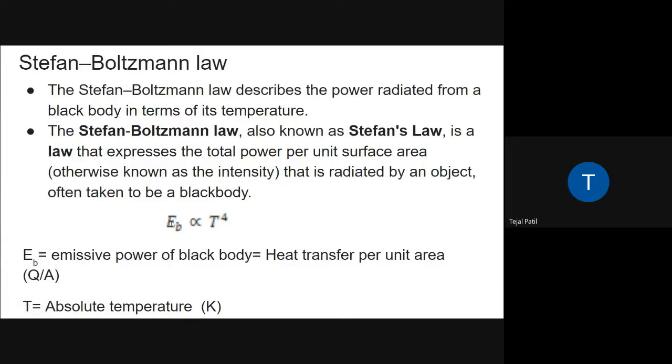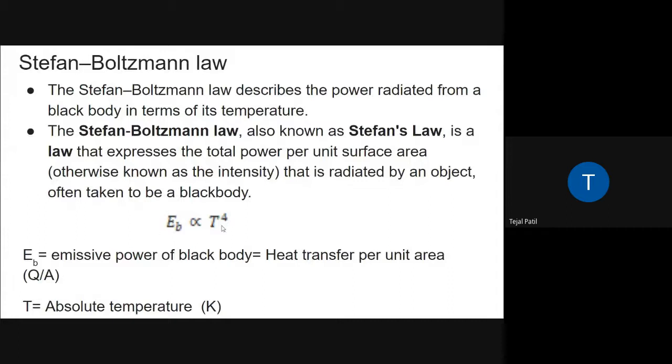For example, the sun is considered a black body. So how much heat is it going to radiate? You proportion it to its temperature to the power of 4. That is what the Stefan-Boltzmann law says.